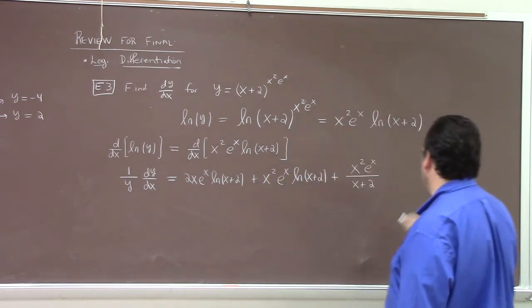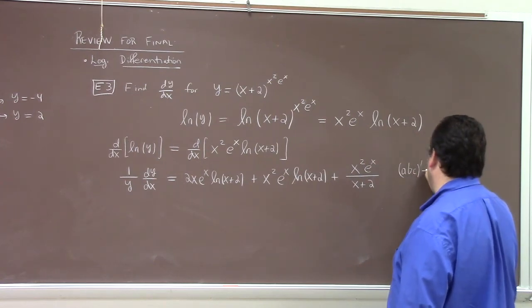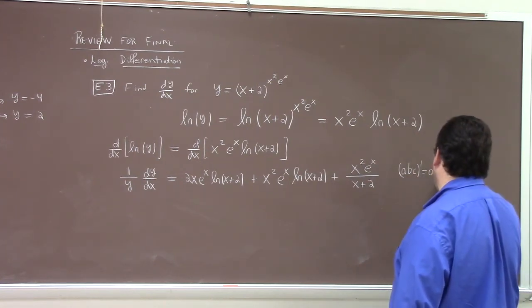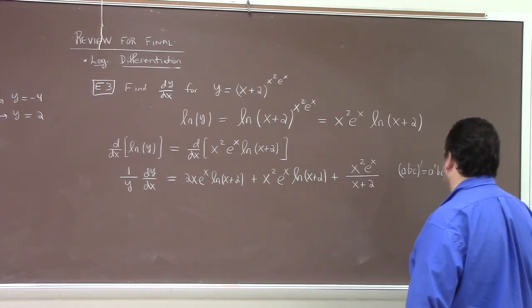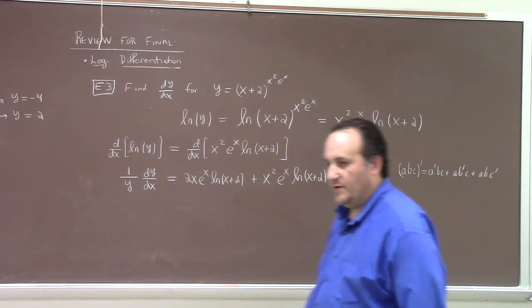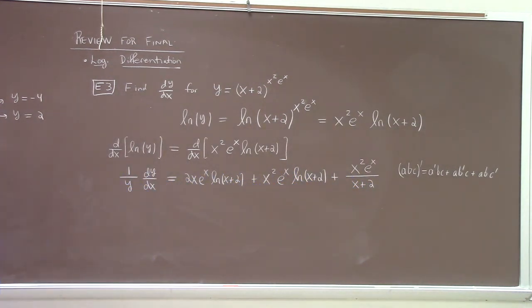So here I'm using the rule (abc)' is a'bc plus ab'c plus abc', the so-called triple product rule. Derivative of the first, then multiply by the second two, and then derivative of the middle one, multiply by the first and the third, and then finally differentiate the third factor and multiply by the other two.